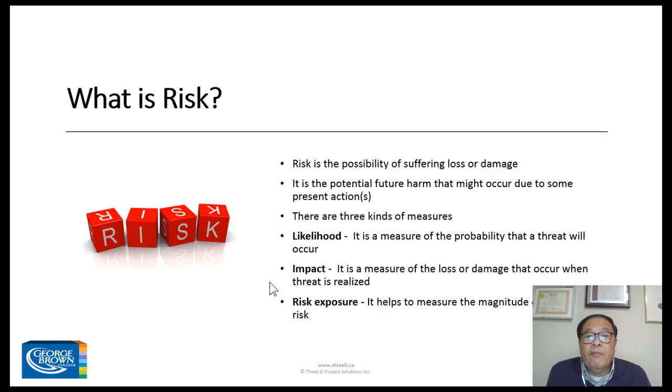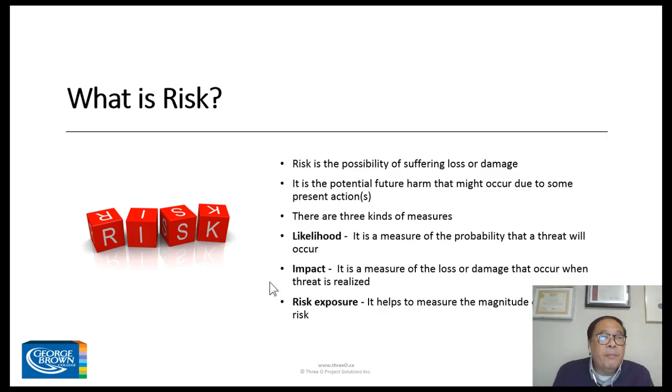Risk is something we refer to as the possibility of suffering loss or damage. So often we talk about doing investment, investing money in the stock market or something like that, so we're inevitably taking a risk, and there's a likelihood that our investment may suffer a loss or damage down the road because we don't know.